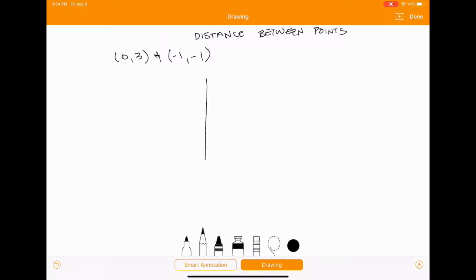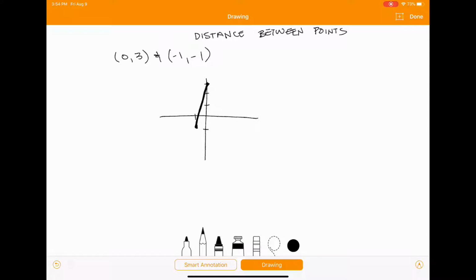So let's go ahead and plot 0, 3. So 0 in the x, we're going to stay here, and then 1, 2, 3. So that's our first point. And then -1, -1. So that's our second point. And we need to find this distance here between those 2 points.